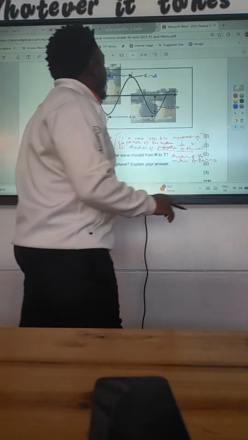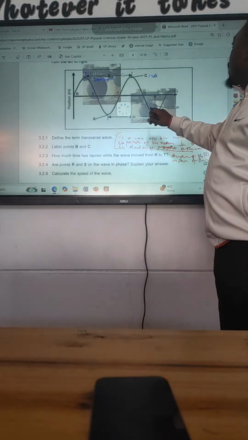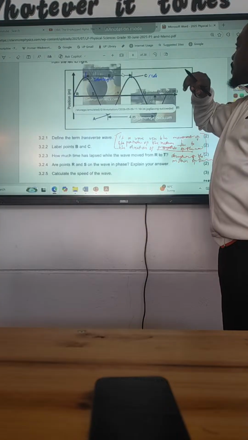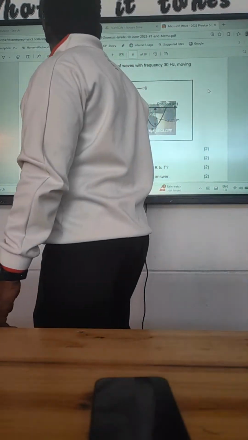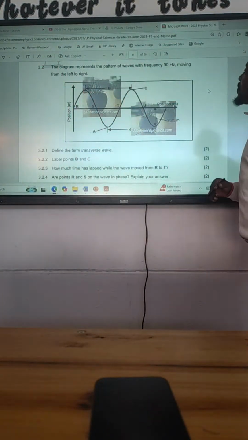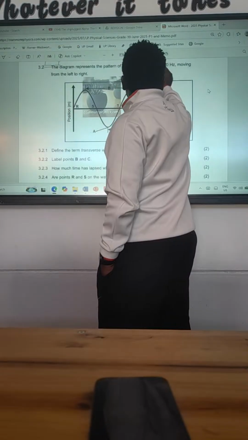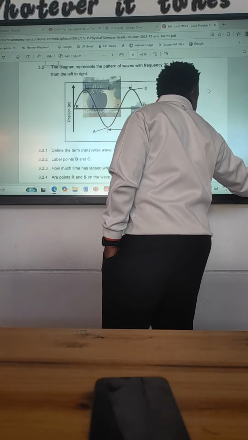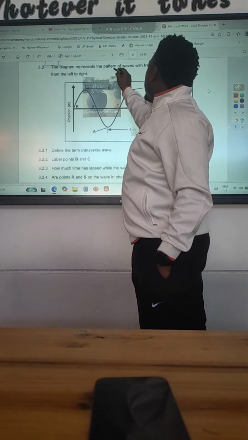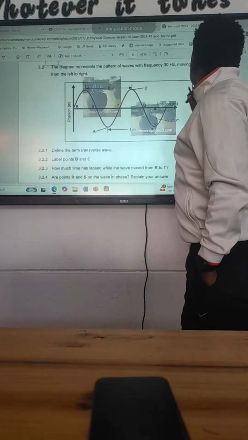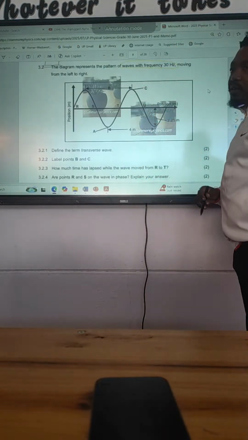The diagram represents a pattern of waves with frequency of 30 Hz moving from left to right. So our frequency is 30 Hz. Please write down that statement. You will need it. Make sure you always read your statements. Let me underline that. We have a frequency which is 30 Hz.